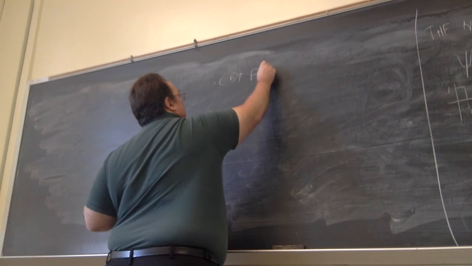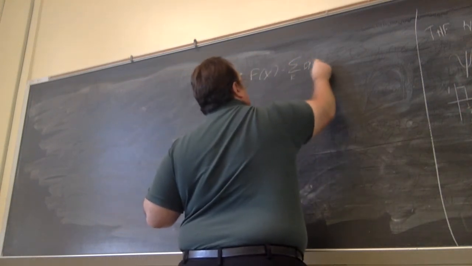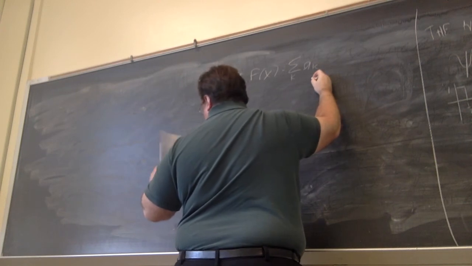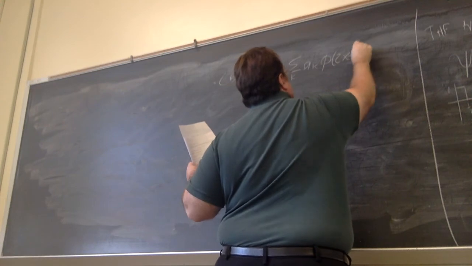So let's suppose that f is a recombination of functions of this form from V1, so 2x minus k.